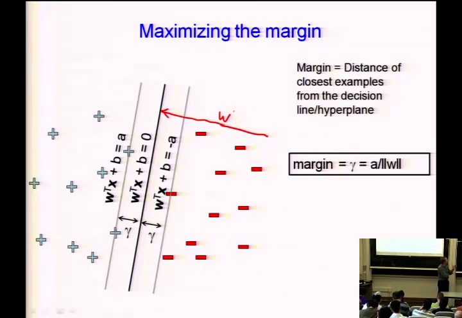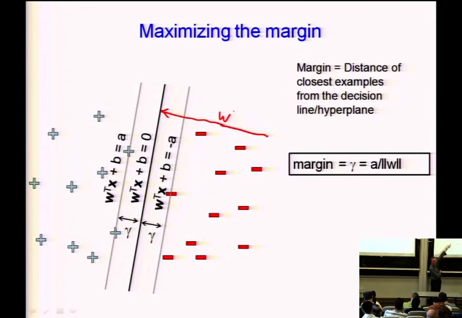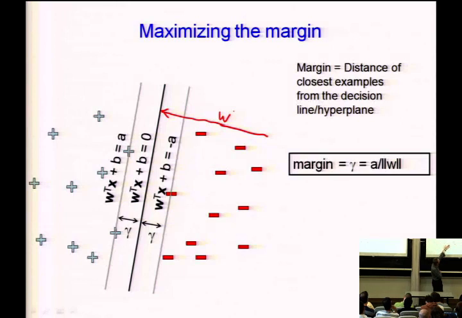Informally, because x dot w gives us the y value, the direction of steepest increase is aligned with w. Remember, if things were aligned, cosine of theta equals 1, that's where we get the biggest dot product. So w is going to be perpendicular to this decision surface, and the function is going to be ascending most steeply if we move in the direction of w.